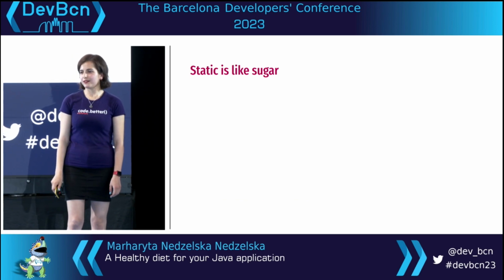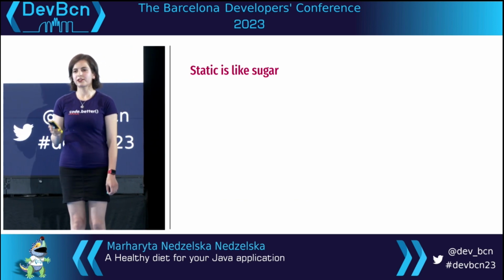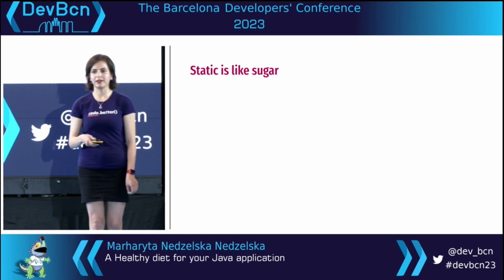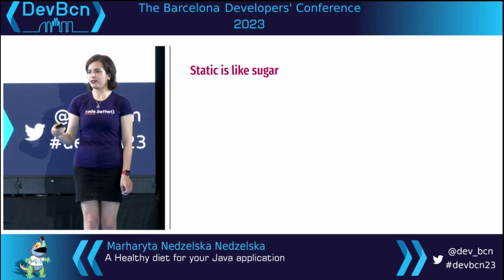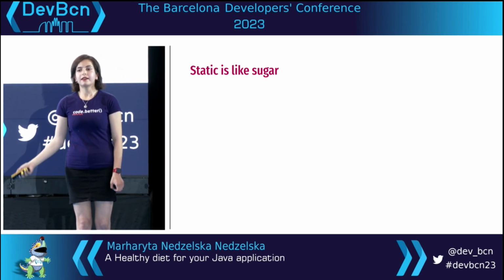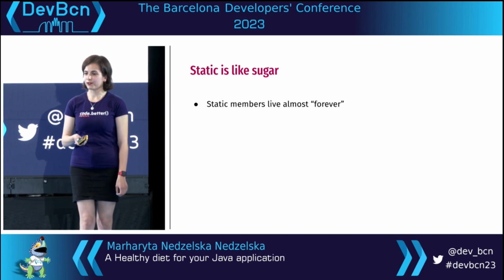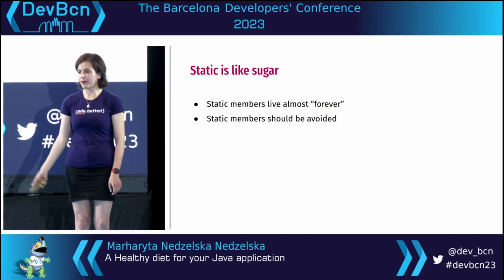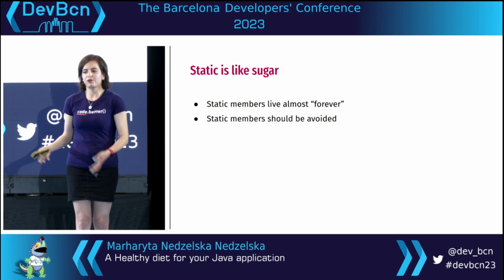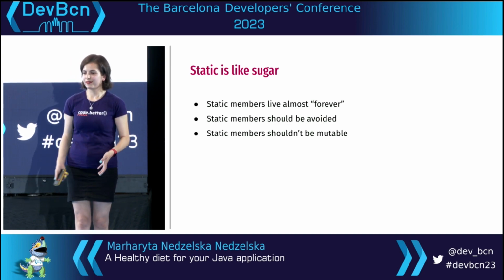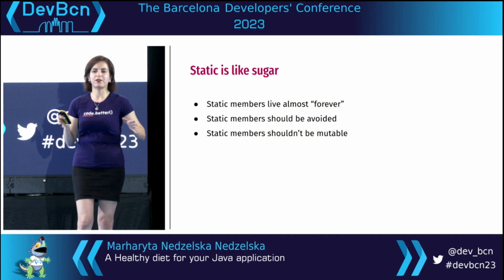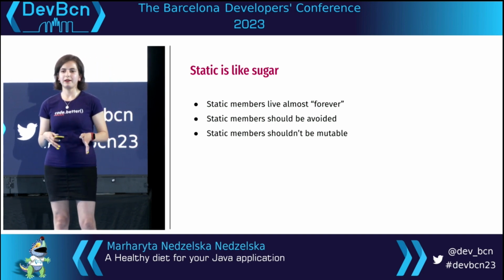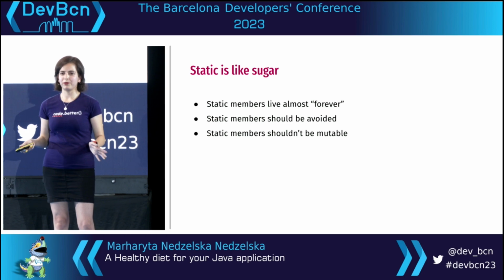So static is like sugar. It's extremely easy to make something static. It's extremely easy to use it, but the consequences could be huge. Like static members live almost forever. Static members should be avoided. Static members, if you cannot avoid using them, please don't make them mutable.